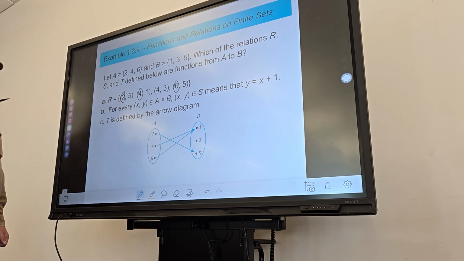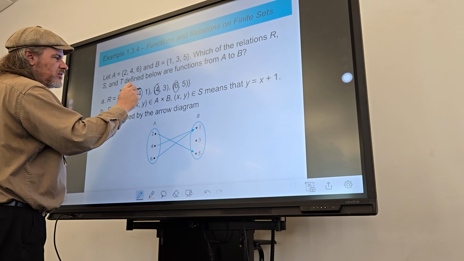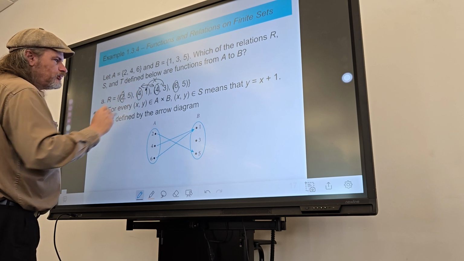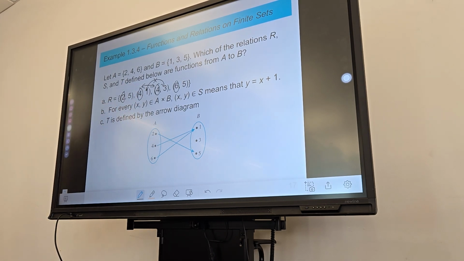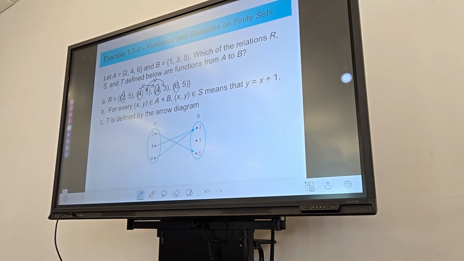But the problem is you have two distinct outputs for the same input: these are equal, but these are not equal. So R is not a function. It is a relation, but it is not a function. And we'll look at B on the next slide.